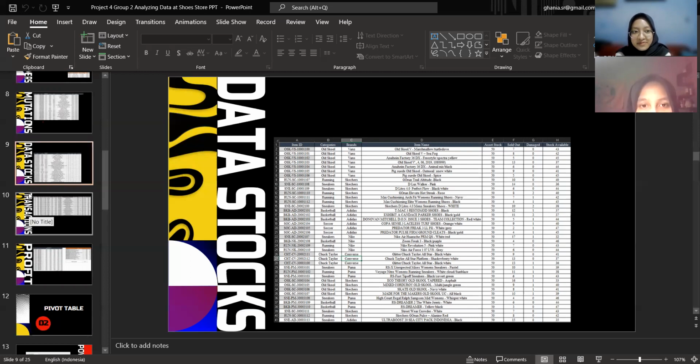In this table, we use VLOOKUP in the categories, brands, and item names. VLOOKUP is to return a value from a different column in the same row. Another function is SUMIF. We use SUMIF in asset stock, sold out, and damaged. SUMIF is used to count the data based on one criterion.